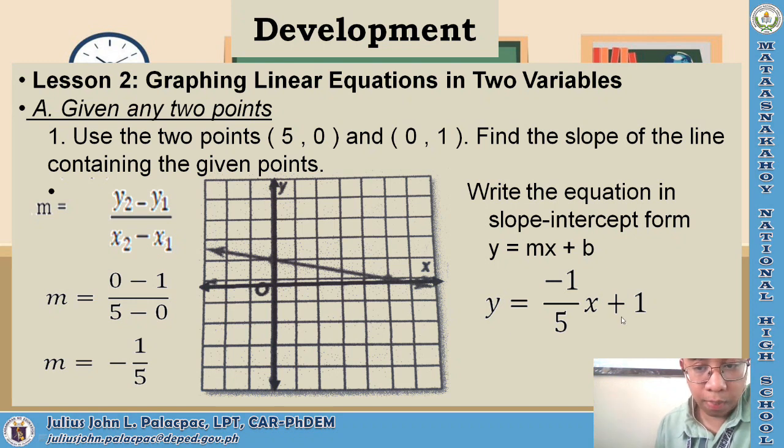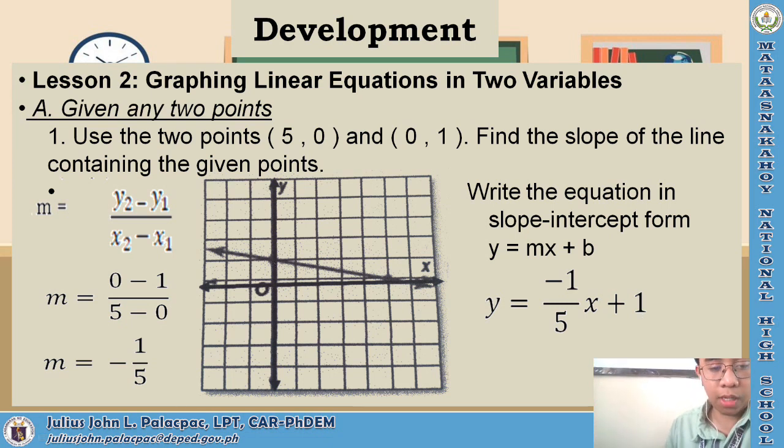And how do we get positive 1 here? We have here the y-intercept, positive 1, wherein 1 is on the y-axis. So it intersects the y-axis. So our y-intercept is positive 1.